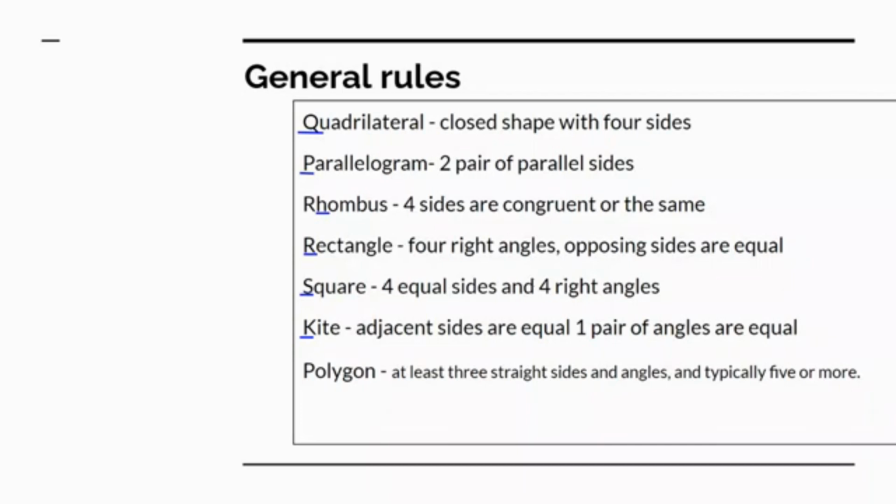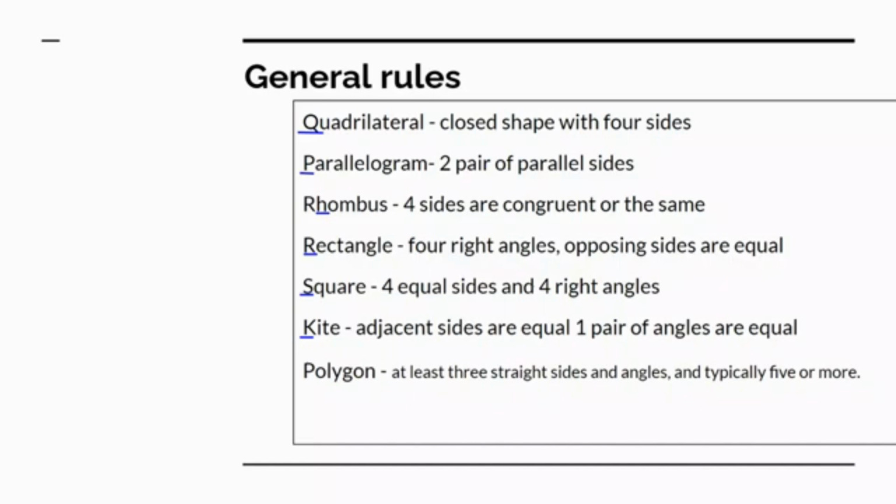The quadrilateral is a closed shape with 4 sides. The parallelogram has 2 pair of parallel sides. The rhombus has 4 sides, and they're congruent, which just basically means they're the same. The rectangle has 4 right angles. It also has 2 parallel sides, and opposing sides are equal.